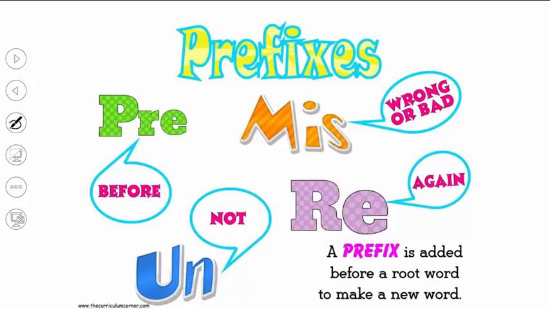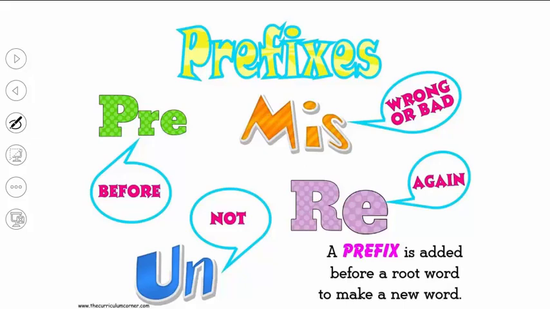Most common prefixes. So pre has the meaning of before. Mis, M-I-S, means wrong or bad. Behave, misbehave. Understand, misunderstand.